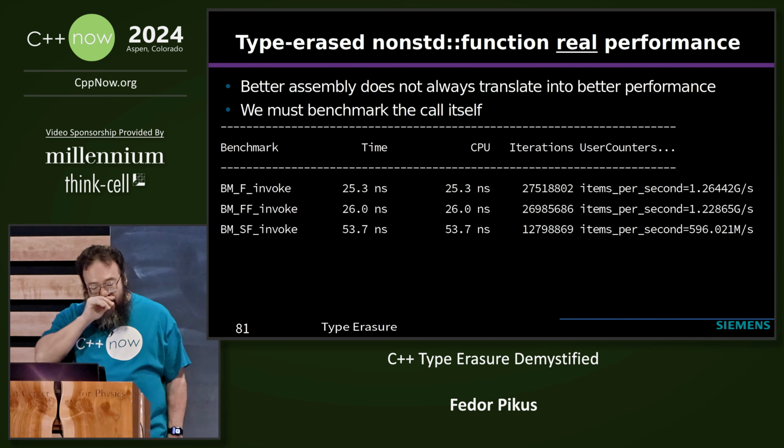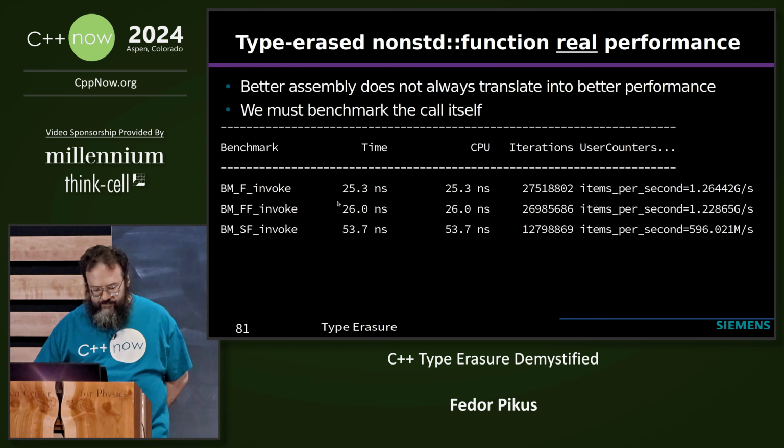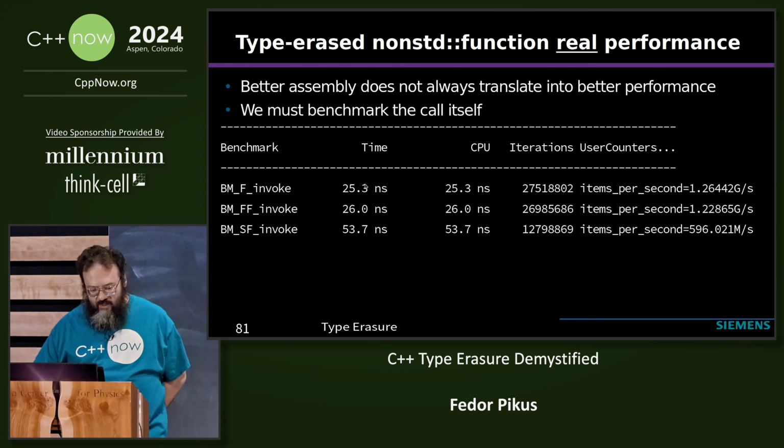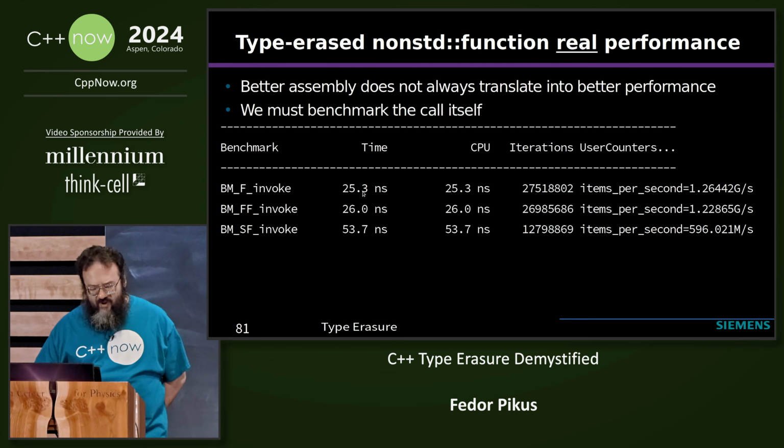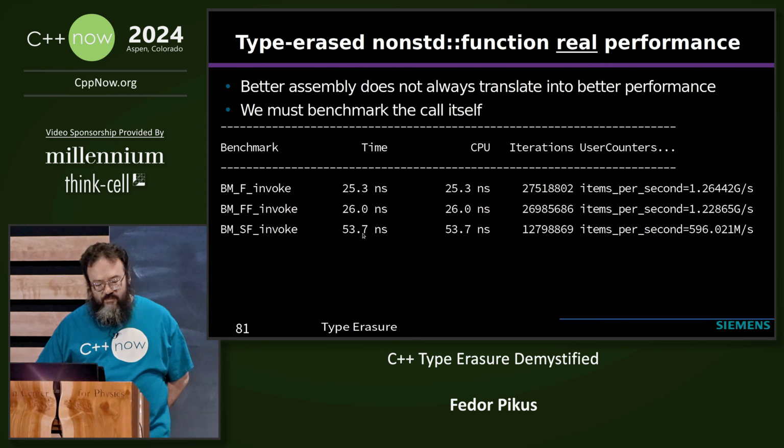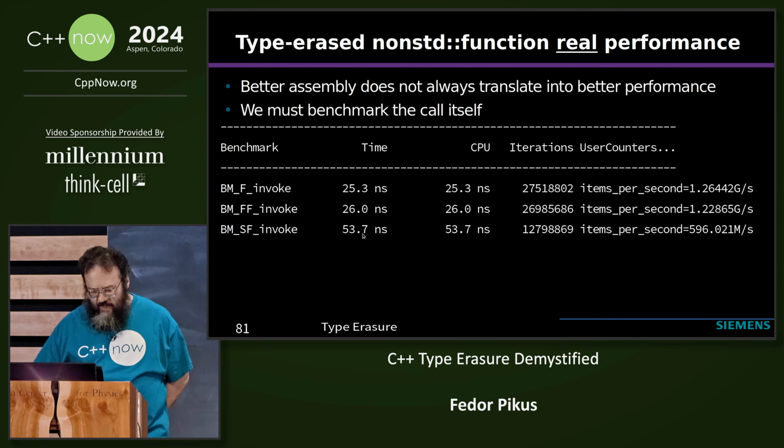Okay, so here is the benchmark. Freestanding function: 25 nanoseconds. My function, this is actually within noise of the measurement, 25.326, within noise of this measurement. std::function: twice as long.